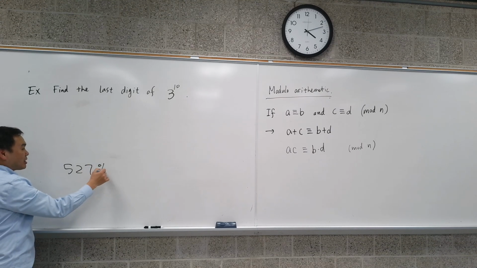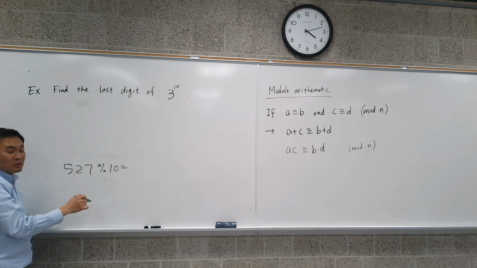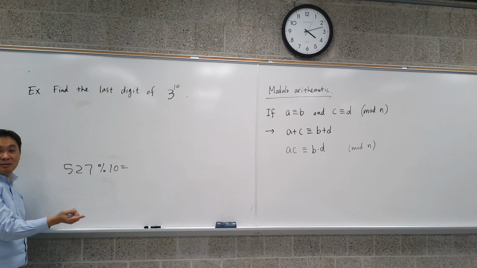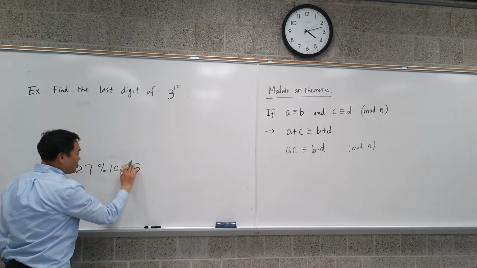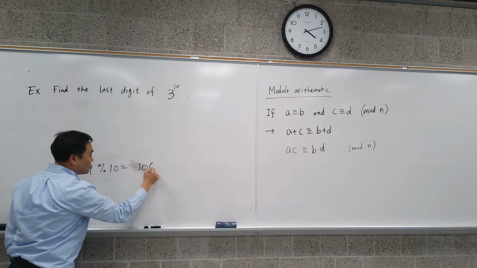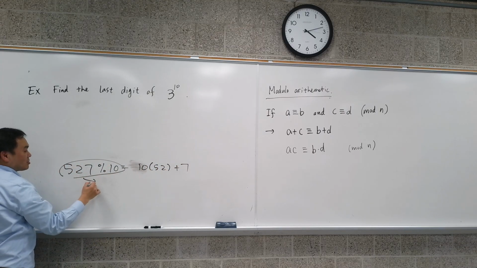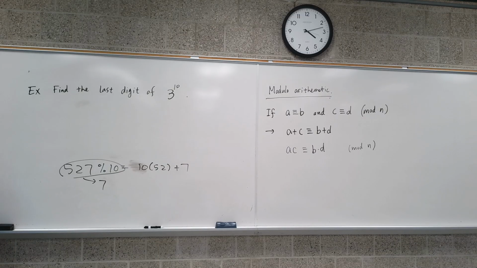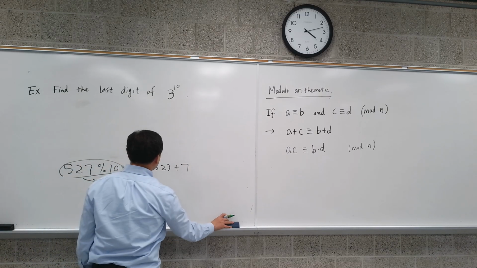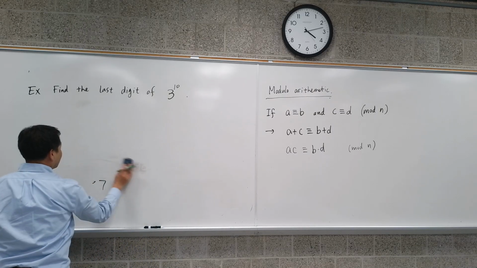You just do mod 10, right? What's 527 mod 10? 7, right? It's 10 times 52 plus 7. So this mod just gives you 7, right? So we know that finding the last digit is the same as asking for mod 10.